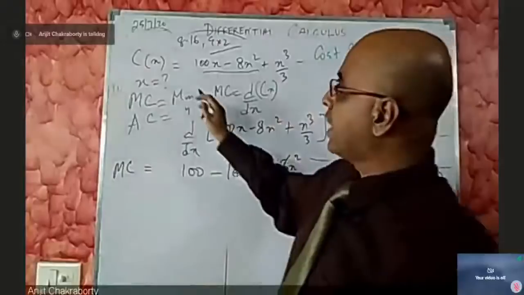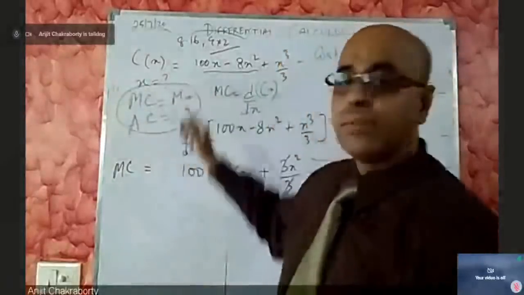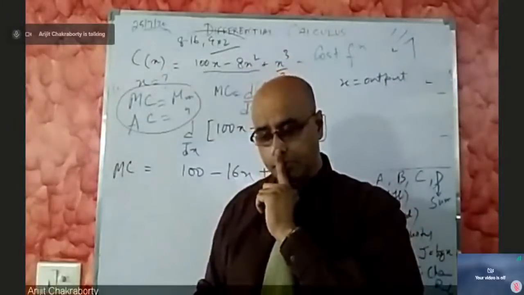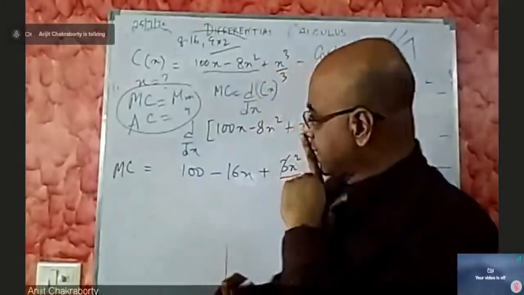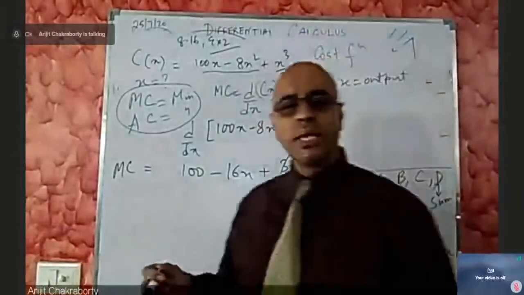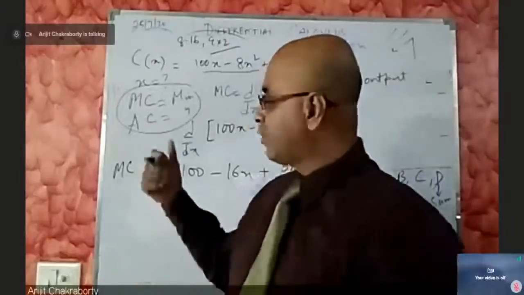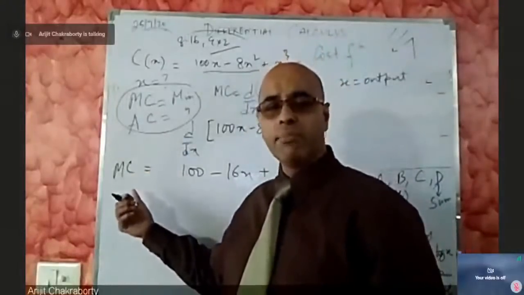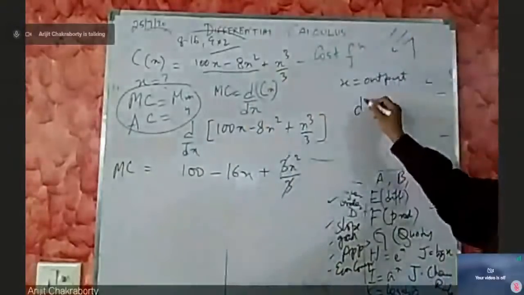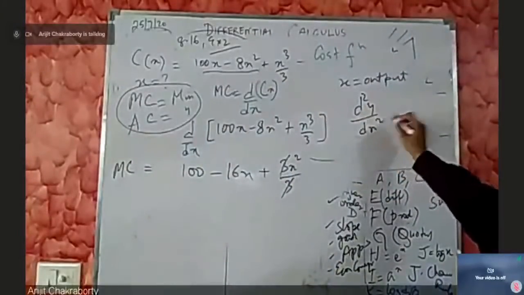We have to find at what output the marginal cost is minimum. For this, we have to differentiate, that is, we have to find the derivative of MC once again. That means here we are going for second order, d square y by dx square.